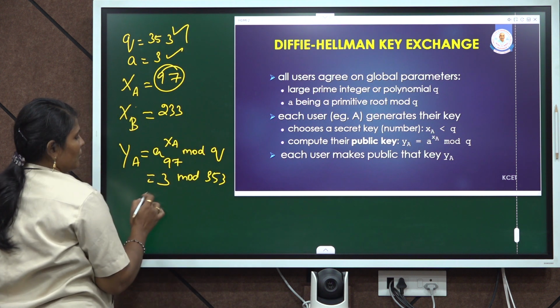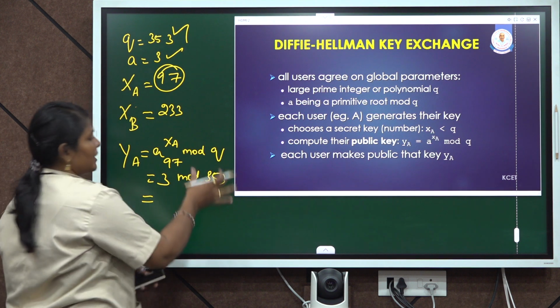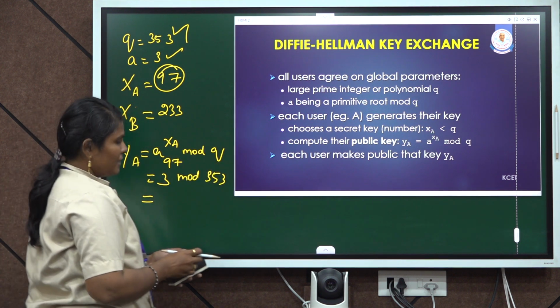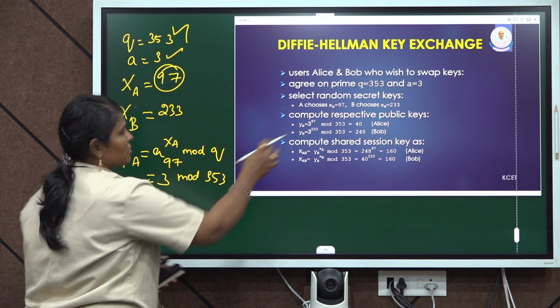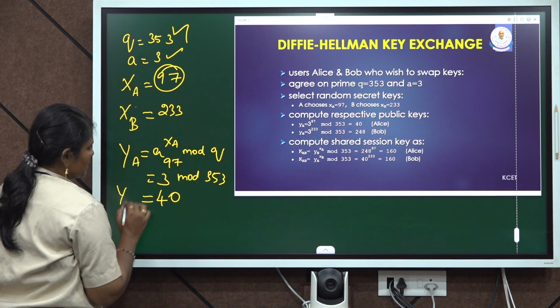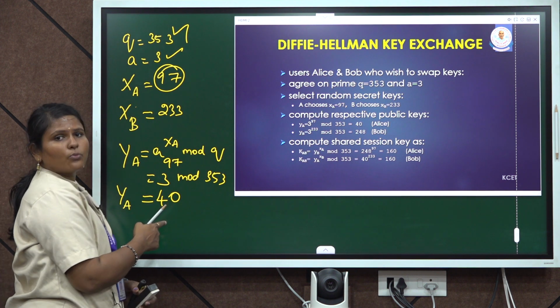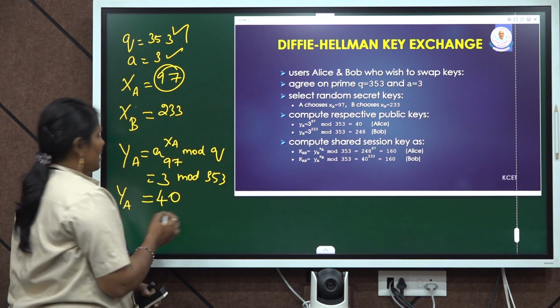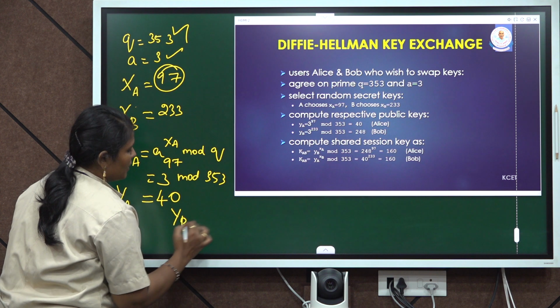By applying modular arithmetic, we can easily find the value, and the value I got here is YA equal to 40.